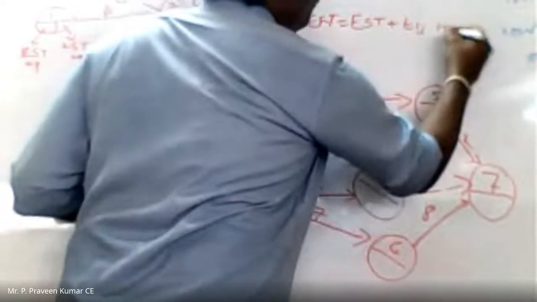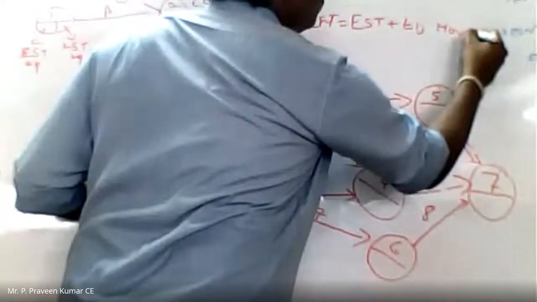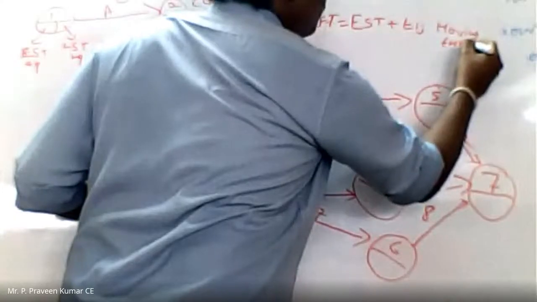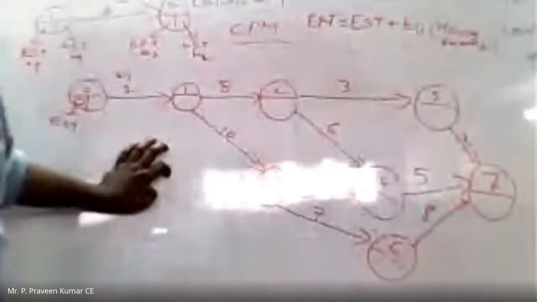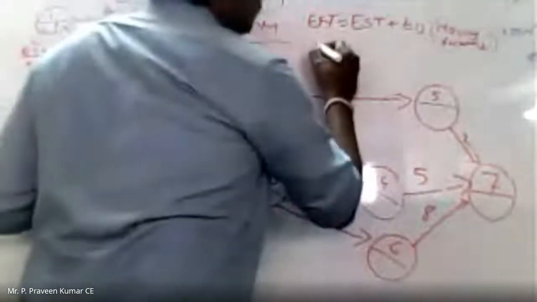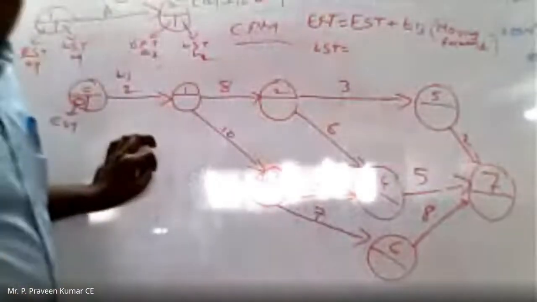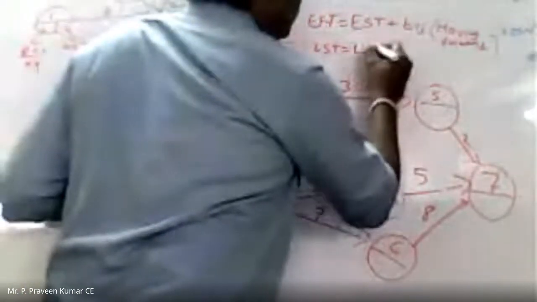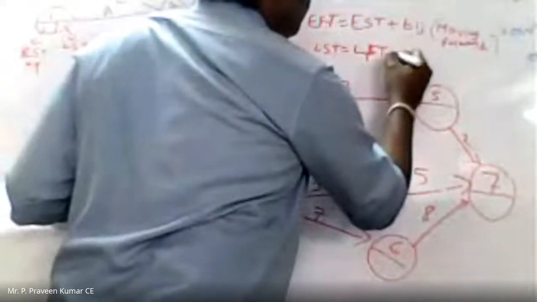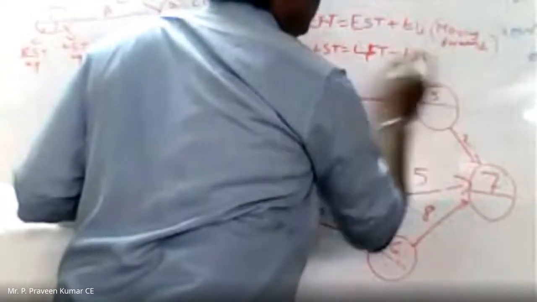Okay, moving forward. Next, LST is equal to LFT minus Tij. LFT minus Tij.